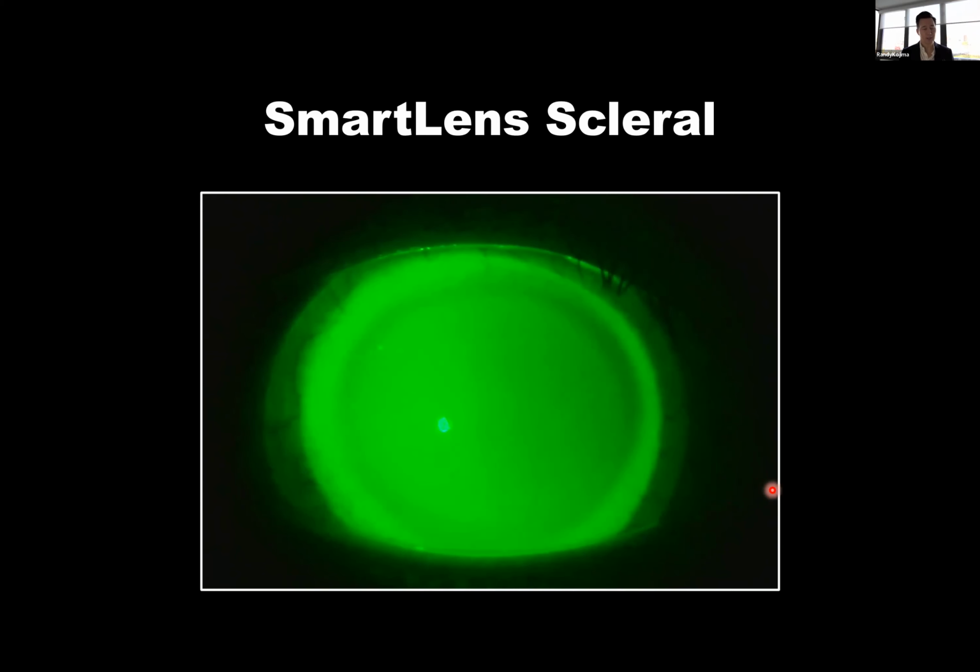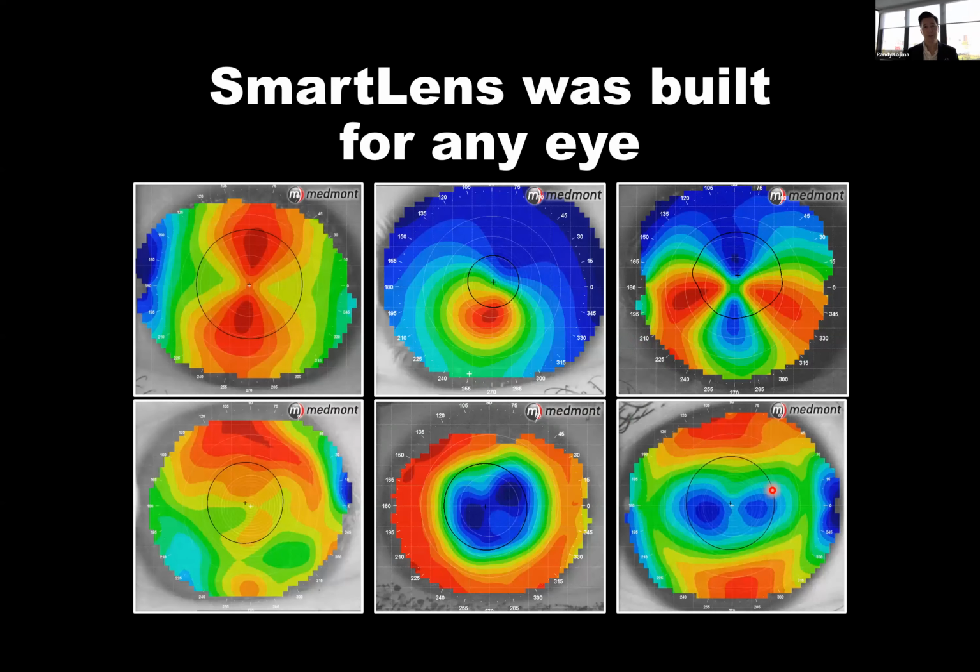So the smart lens that we're going to speak about shortly, that, thankfully, we've got a case to review, by vaulting over the irregular cornea and using the symmetric landing sclera to our advantage, now we can create a lens that centers, that's stable, that's comfortable, and providing the vision. So a very important piece.